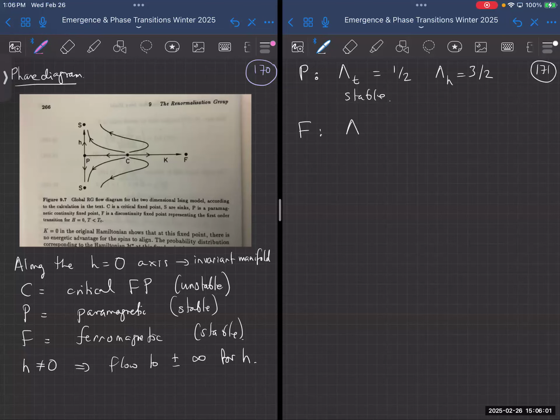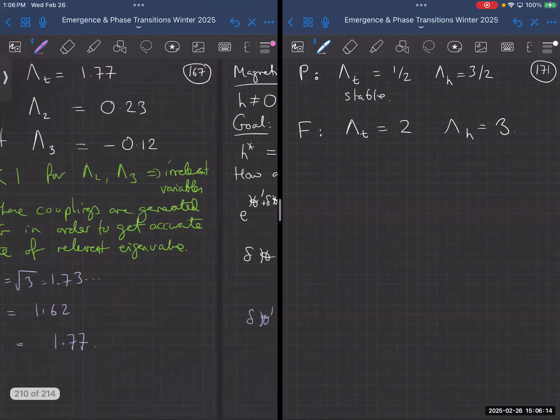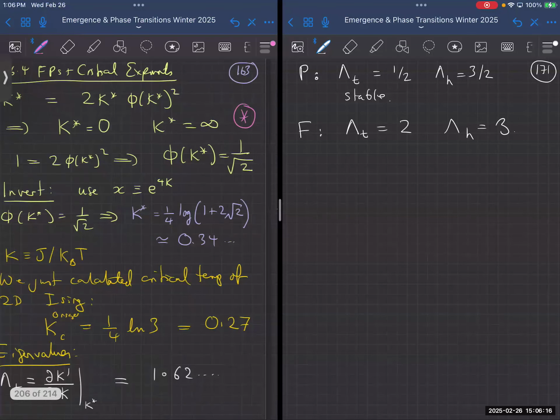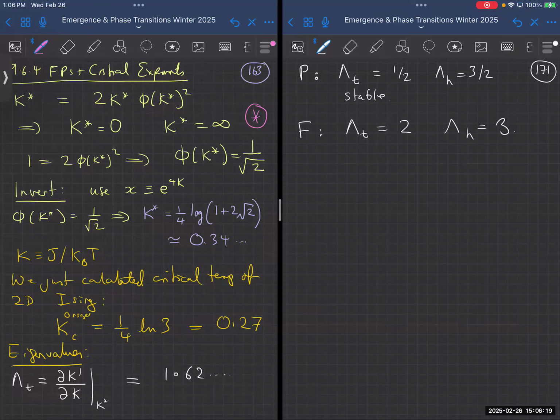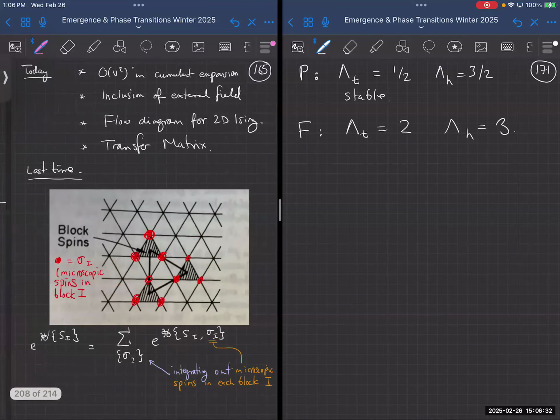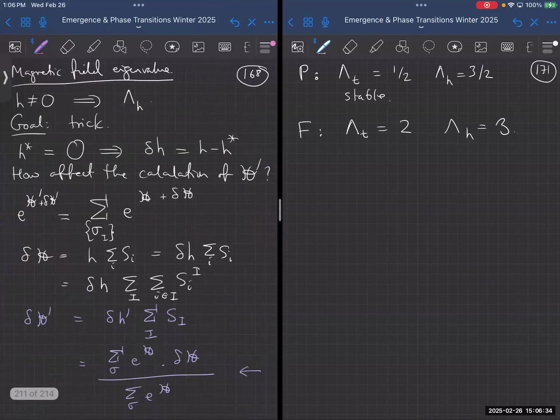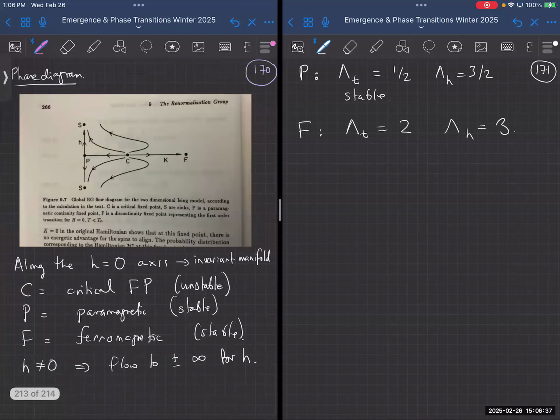And if you go ahead and do that, what you find is lambda t is equal to 2, and lambda h is equal to 3. Again, all I'm doing is taking the same RG recursion relation that we derived last time, and just evaluating the derivatives dk prime by dk, and then calculating the h exponent about these different fixed points. Okay, so everybody happy about how I got those results, even though I didn't show you the actual algebra?